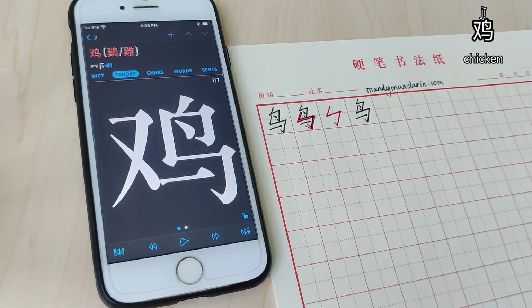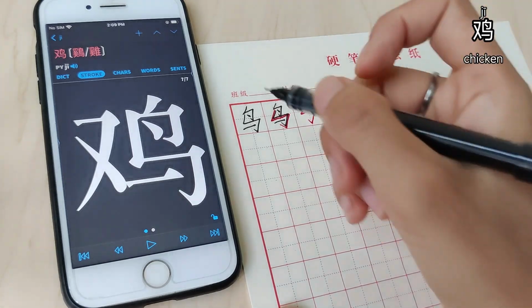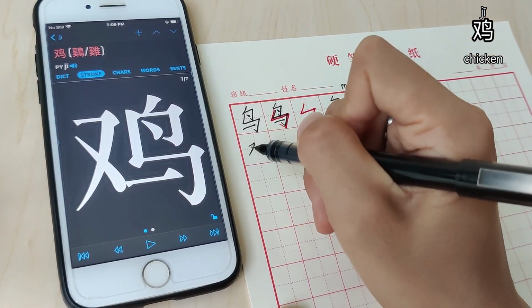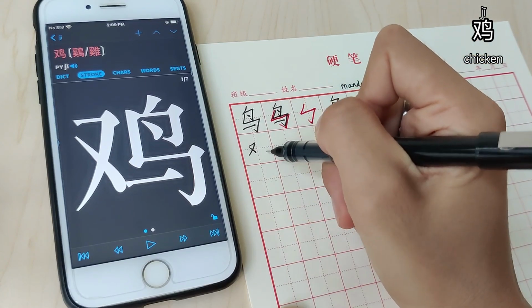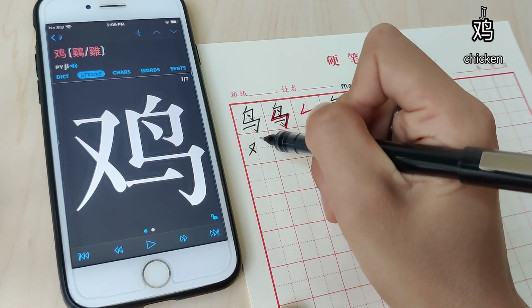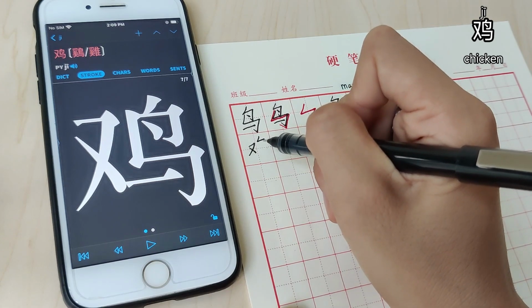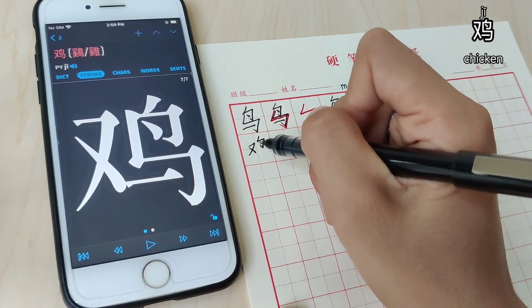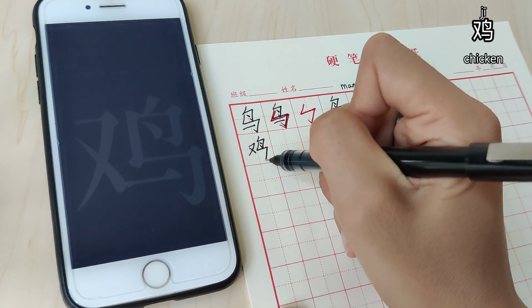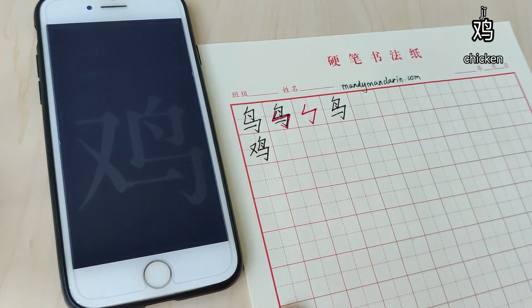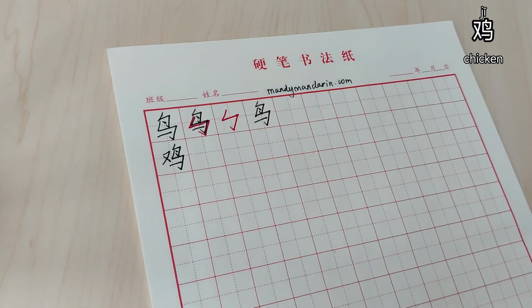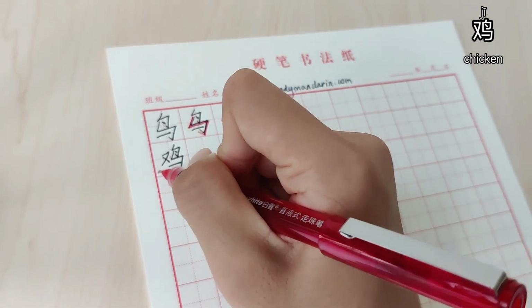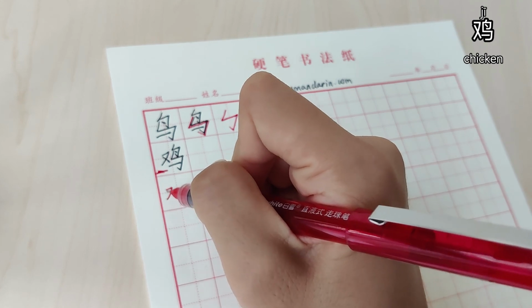Okay, so now let's start from the left. And then the right part, copy the niao here. Very good. Story time. On the left, this.